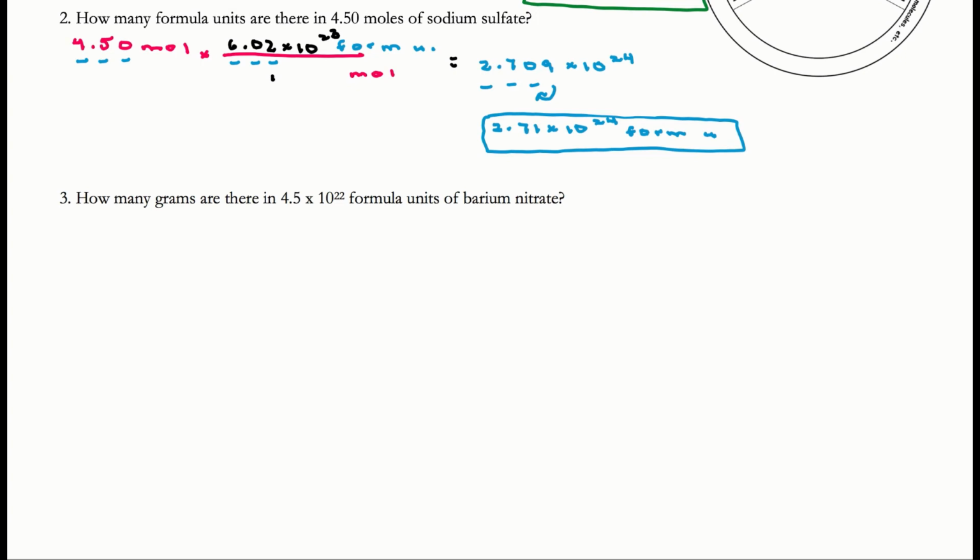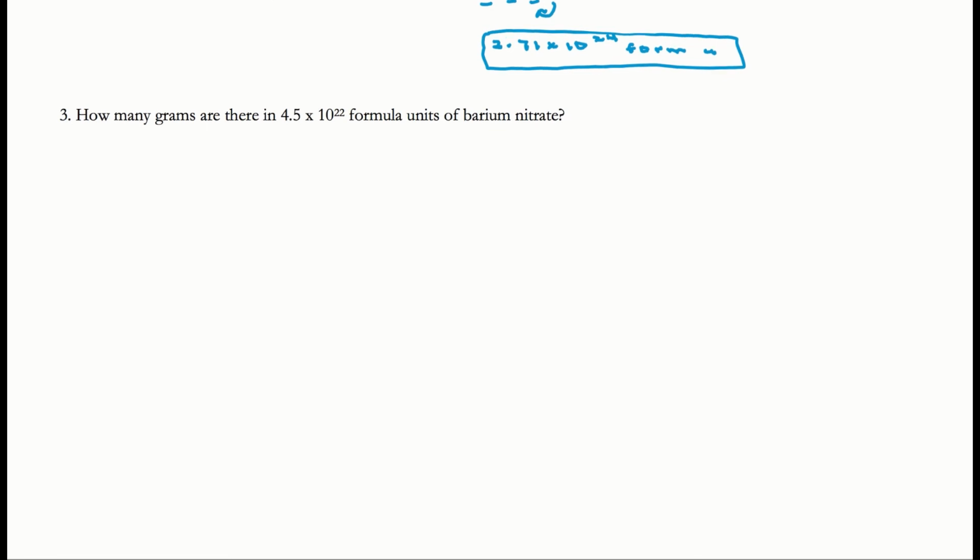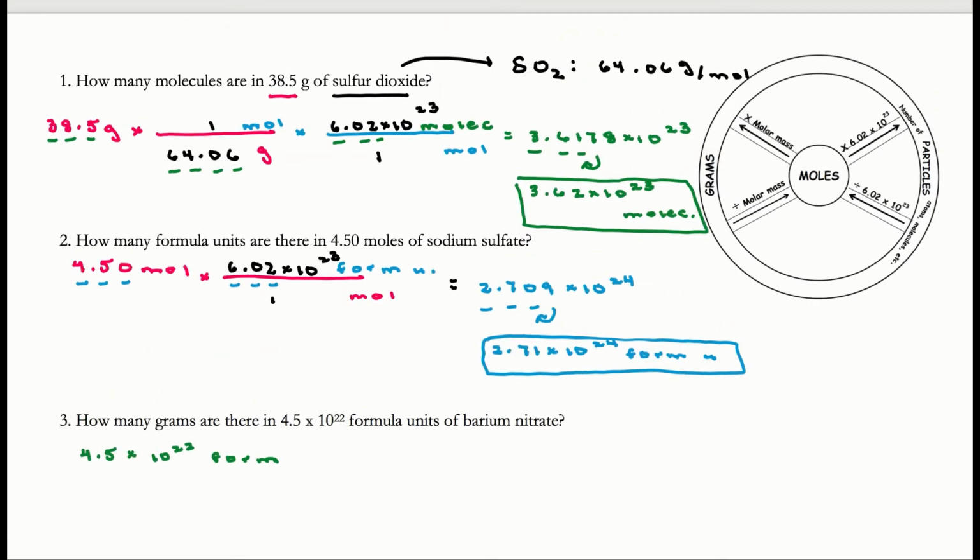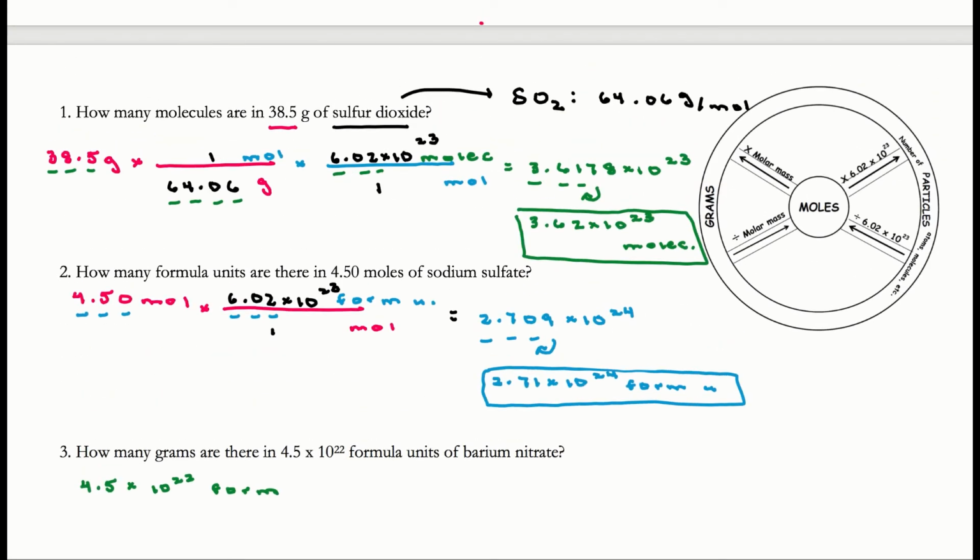Okay, let's look at the last one. How many grams are there in 4.5 times 10 to the 22nd formula units of barium nitrate? So 4.5 times 10 to the 22nd formula units. Let's look really briefly at my diagram. Okay. I'm going to go from formula units first into moles, then from moles into grams.